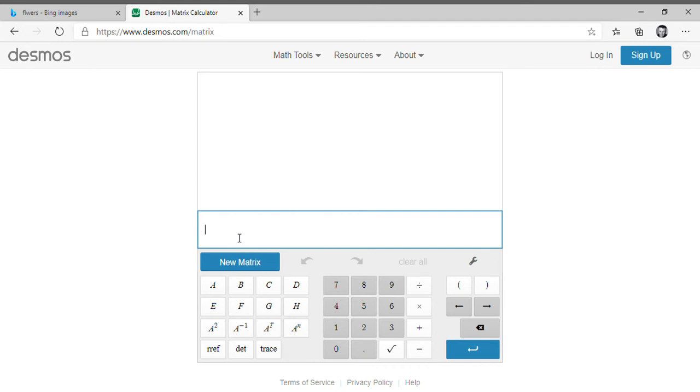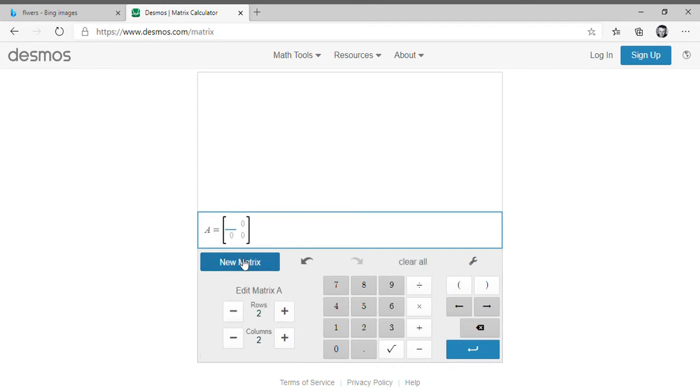Now we set up actually two matrices. One matrix was a matrix of coefficients. To make a matrix in Desmos, we simply click New Matrix, and it defaults to a 2 by 2 matrix. But we actually want to make a 3 by 3 matrix, so we need to increase the number of rows and the number of columns.